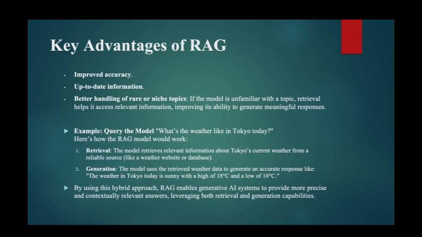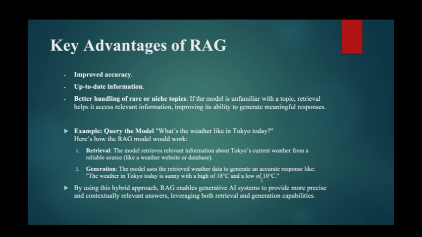Moving on, the key advantages of RAG: improved accuracy. The generative model can draw from a large and more diverse set of external knowledge, making it less reliant on what it learned during training.